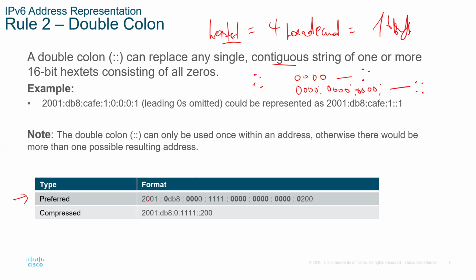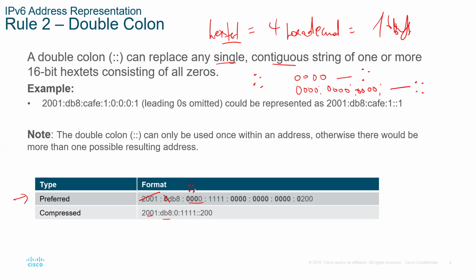Looking at this example, 2001 remains. If we apply rule number 1, we get 0 and db8. Then here we have a single zero hextet. This could have been replaced with a double colon.